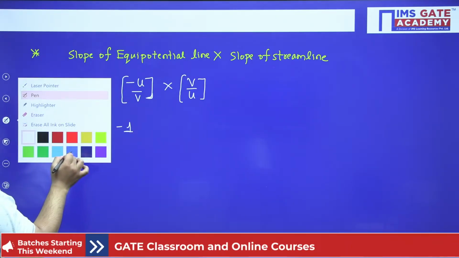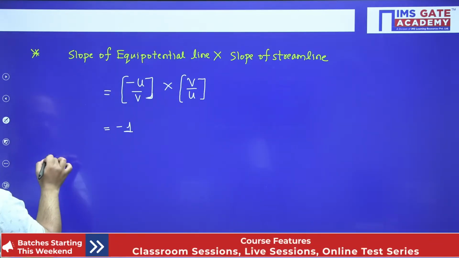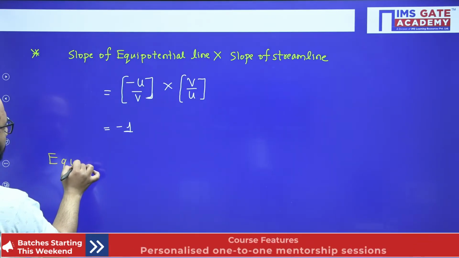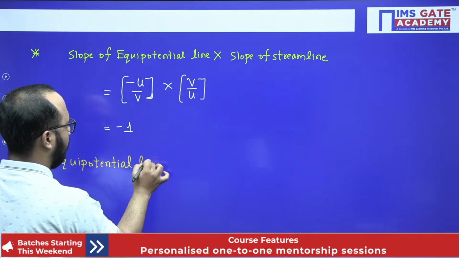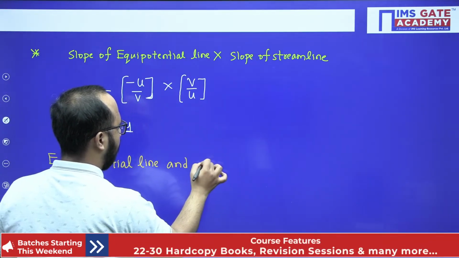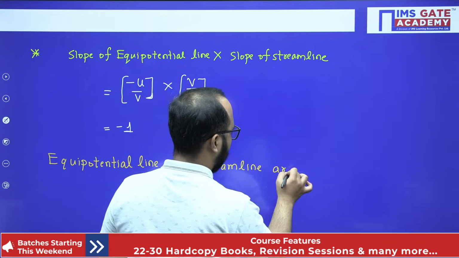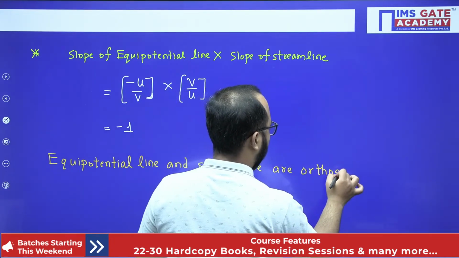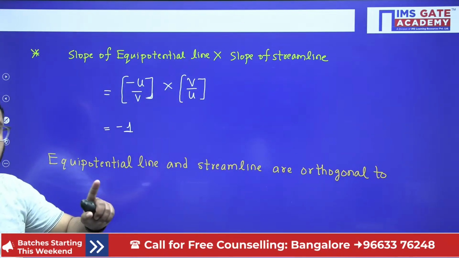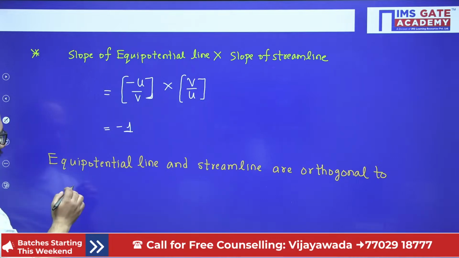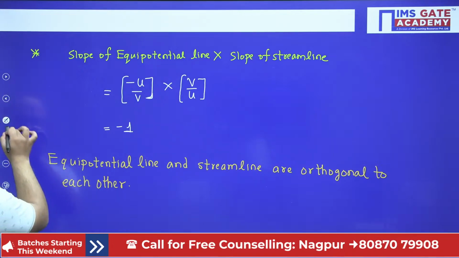Which indicates a very important point: the equipotential line and a streamline are orthogonal to each other. So this point is very important.